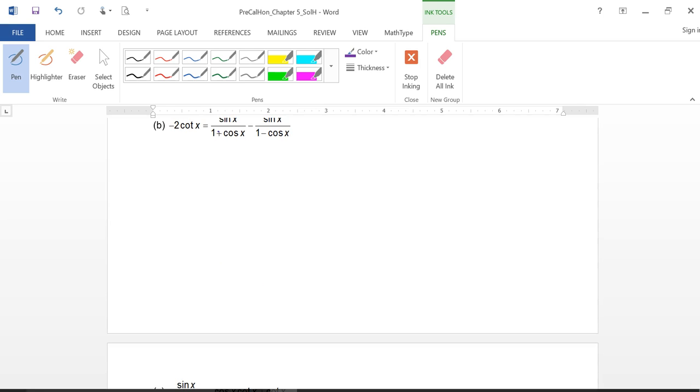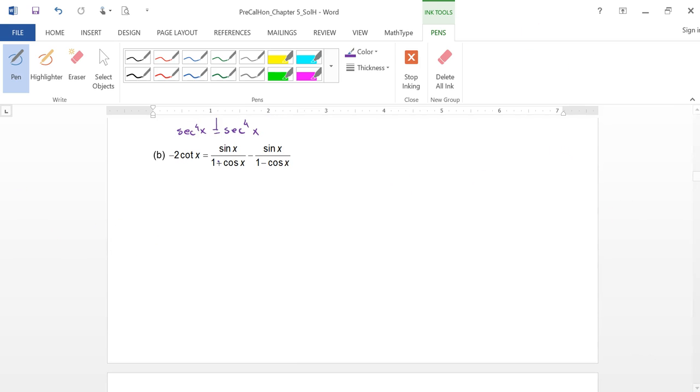Okay, this one. The left side now is simpler than the right side, so we're going to start with the right side. Now, very clear. You have two fractions, common denominator. There is nothing else you can do, just a common denominator.